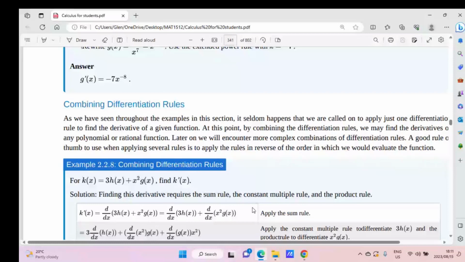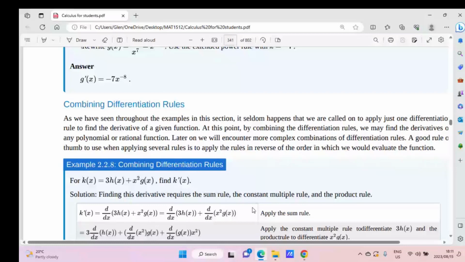Can you all see my screen? Yes, sir. I repeat: for k of x equals 3h of x plus x squared times g of x, we are requested to find what? The derivative of k.